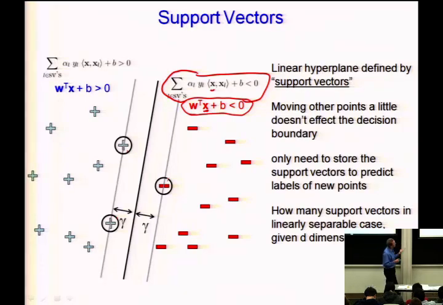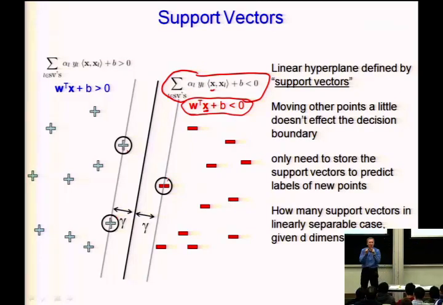So this is an attractive property of support vector machines. It means that if I have 10,000 data points here, when I go to classify a new example, I don't really need to take the weighted sum of alpha times the dot product of each of those 10,000 training examples with my new example.